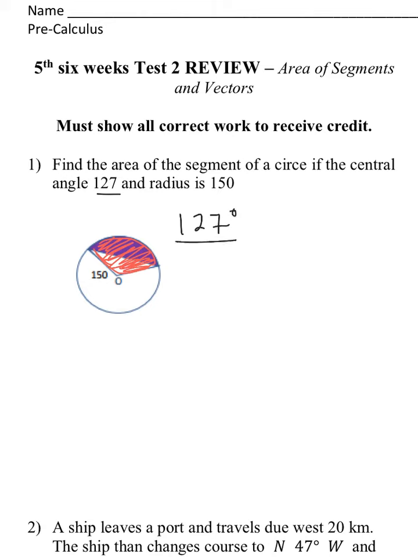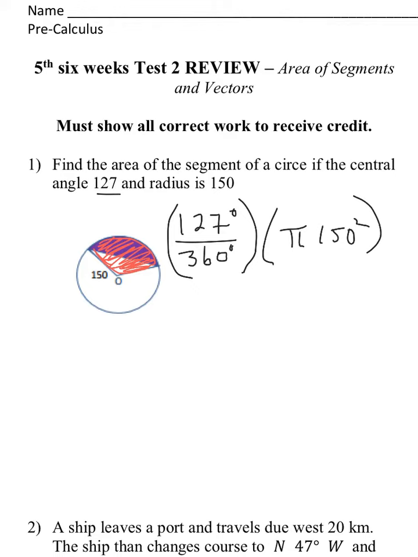We're going to divide that by 360. That's going to give us the ratio that we need for this piece of the circle. We're going to multiply that times pi times the radius squared. And the radius is 150. So pi times radius squared. Okay, so we need that calculation.